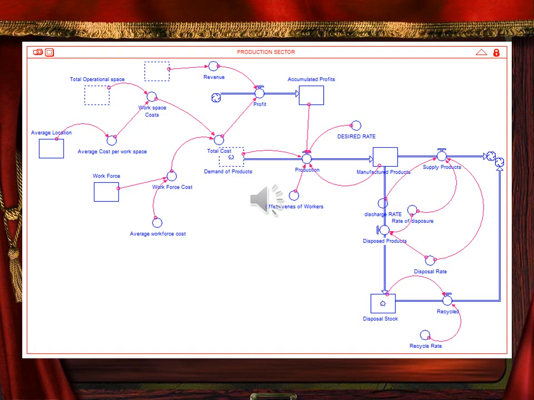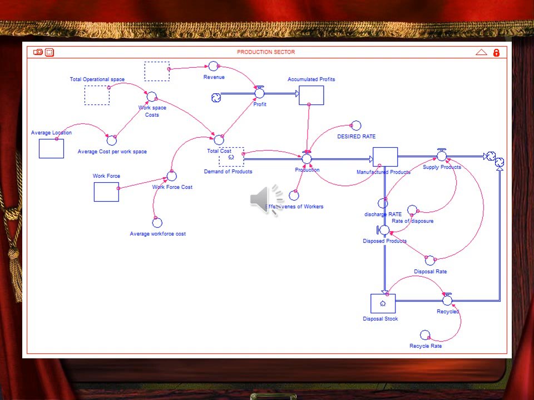And then, of course, there are outflows from the main stock, which are draining the main stock. When these products are manufactured, they don't sit idle in the stores. They are supplied, but at a given rate.